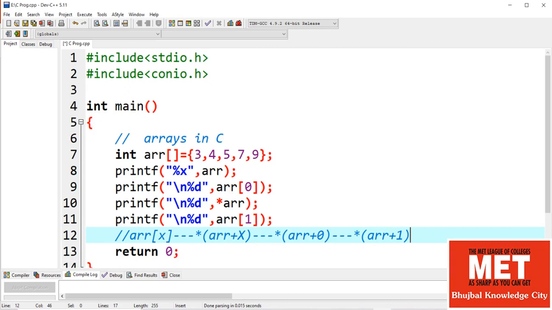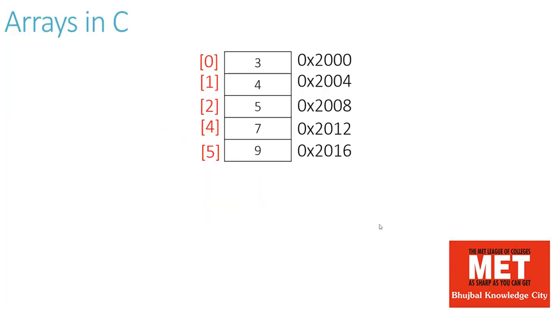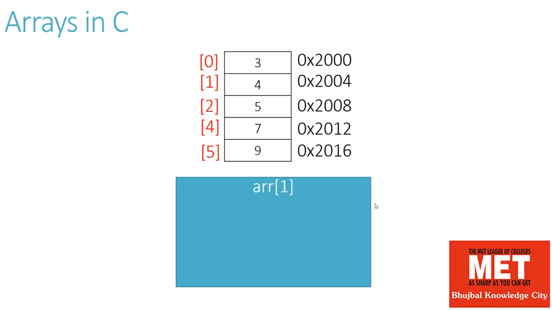A very important question that may come to your mind: why does array indexing start from 0 and not 1? Let's say I want to access r[1]. What is the subscript operator actually doing? It is dereferencing using r + 1, that is 2000 + 4.